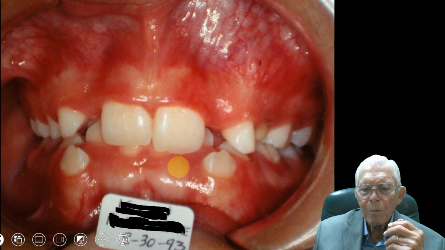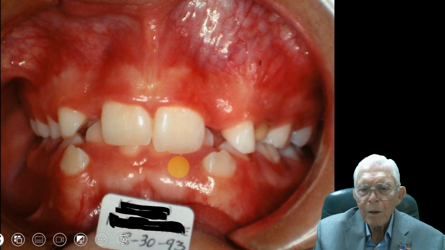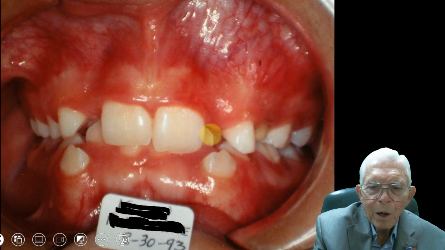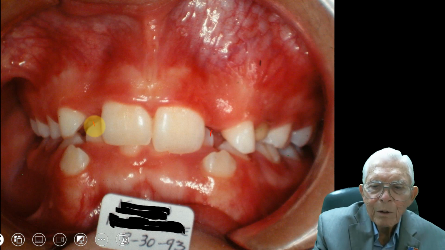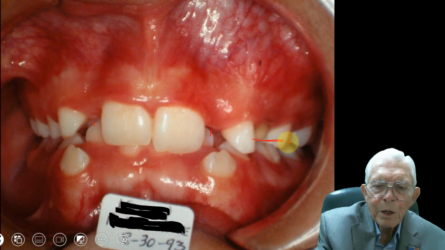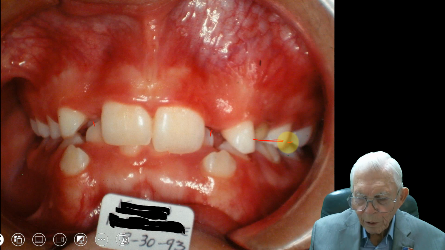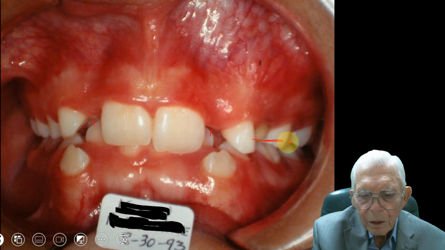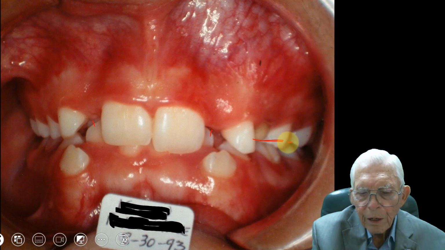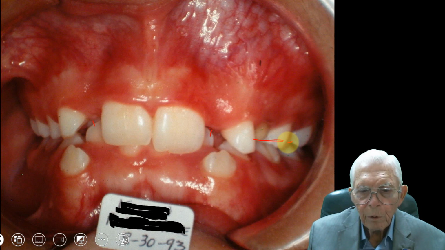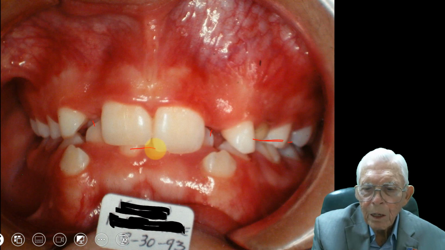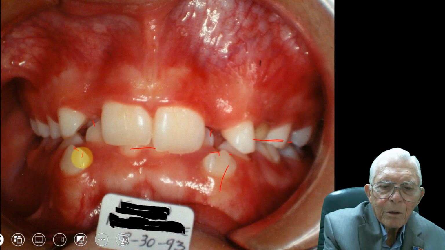Now she's had several other orthodontic problems, like crossbites here. The upper laterals are coming in way behind here, and we'll have to fix something here to jump those laterals over, and we do that. And the deep bite: these cuspids are coming in out here, and they're crowded out to the side.